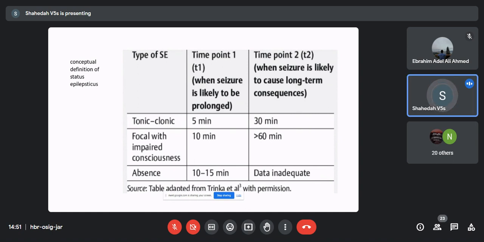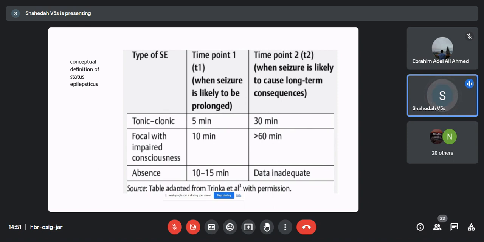Okay. For tonic-clonic status epilepticus, the definition now has two time points. Time one is when it is likely that the seizure will be prolonged without stopping spontaneously, meaning that without medication it will be prolonged. That's why you wait only 5 minutes, then you start medication.